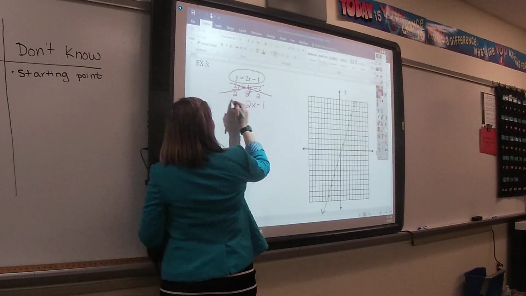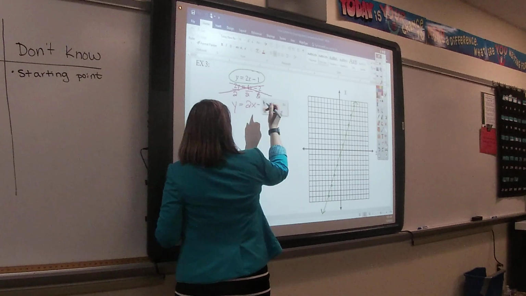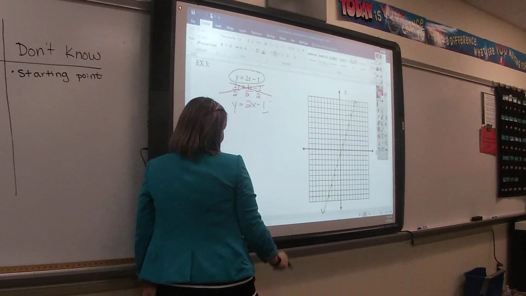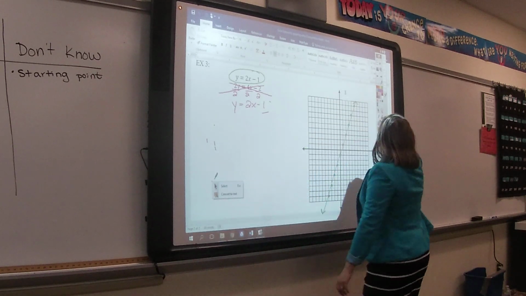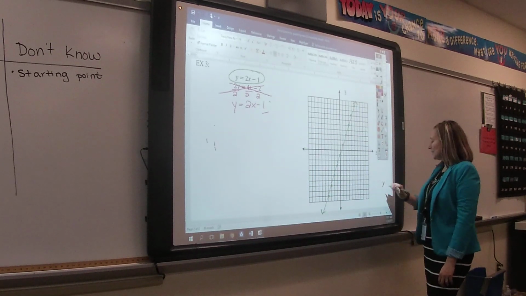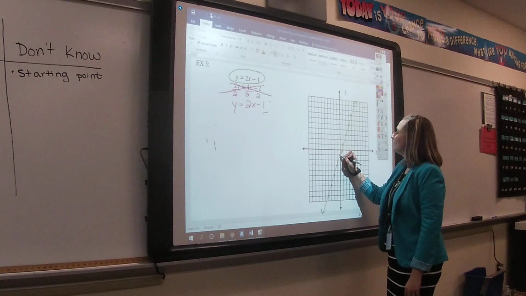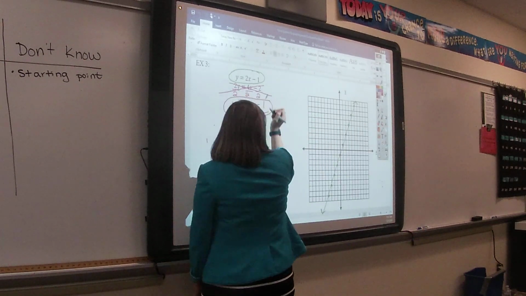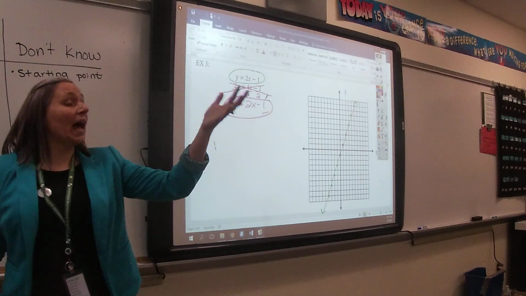And where would we start on this one? Negative 1. I don't know why this pen isn't working, but it's cool. It's the same graph though. Yes, it is. So we'll start at -1, and then up 2 over 1. Okay, so what happens? It's the exact same thing.